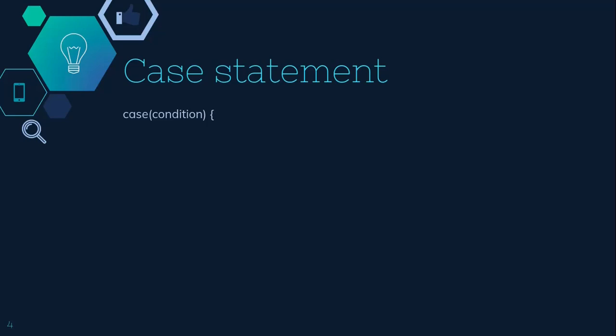So you have your case and then a condition. If it's a string, the first case is the string value. If it's an integer, you provide the integer, so you're not using any double quotes.